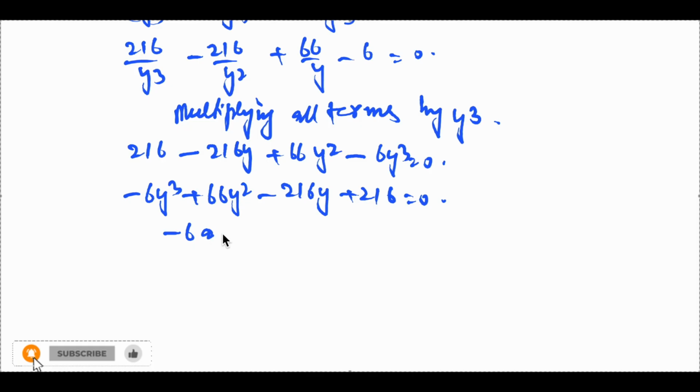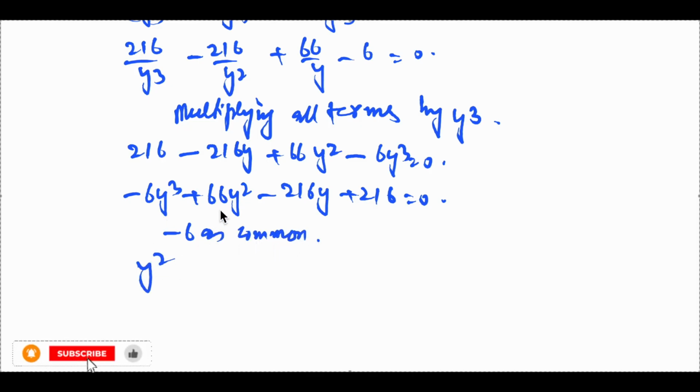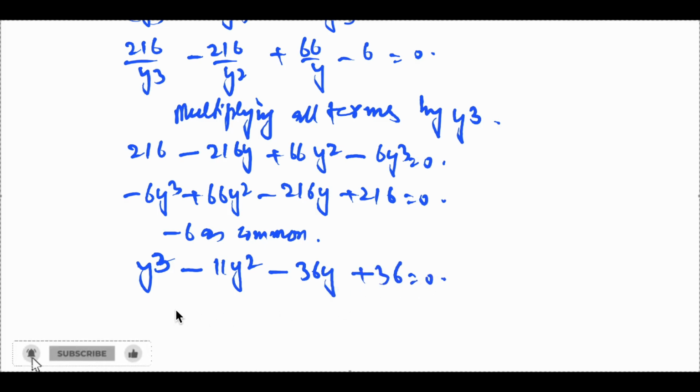Taking minus 6 as common, this becomes y cubed minus 11y squared plus 36y minus 36 is equal to 0.